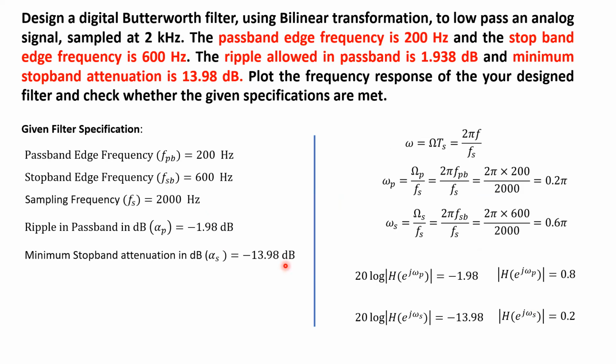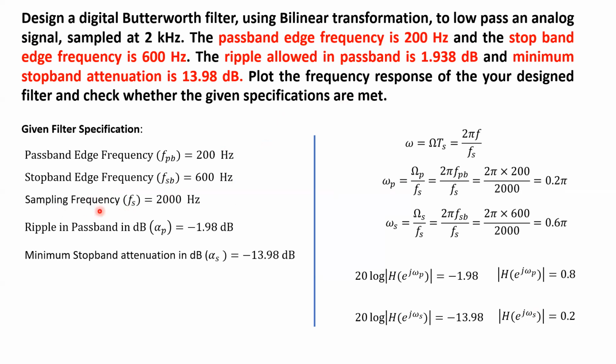Here in the given problem, the pass band edge frequency is mentioned as 200 hertz, and the stop band edge frequency is given as 600 hertz. These are the filter specifications corresponding to your analog filter. We have to convert this Butterworth filter into its digital equivalent by following the bilinear transformation method, right?